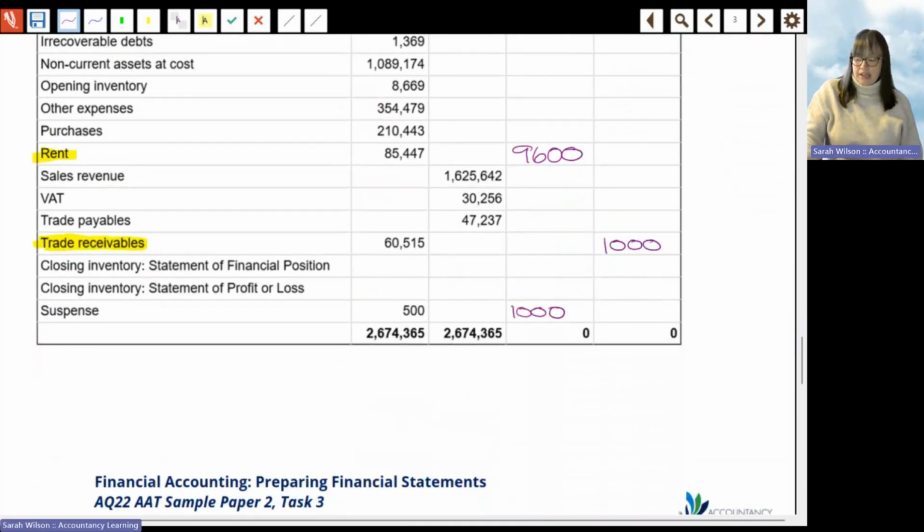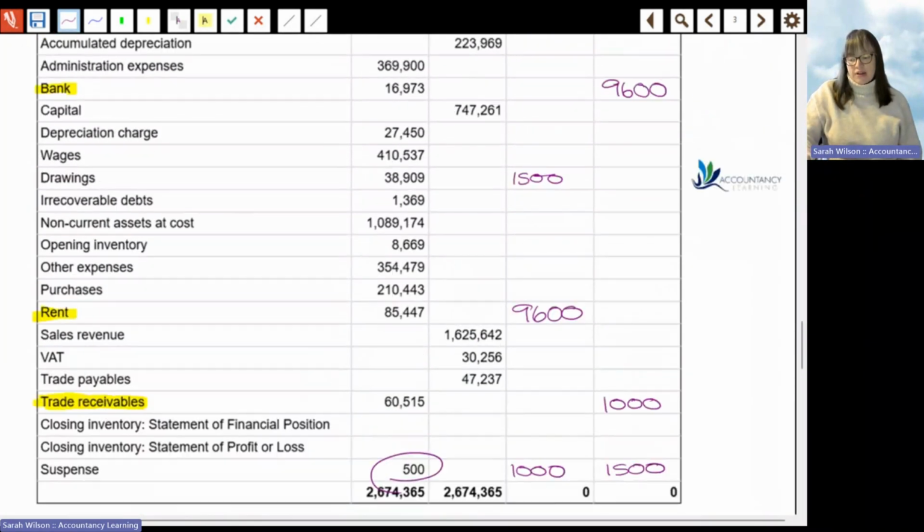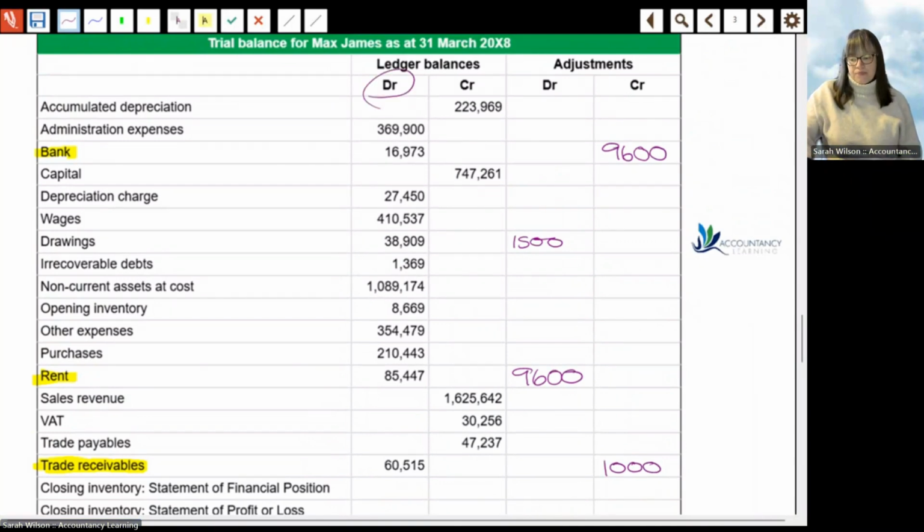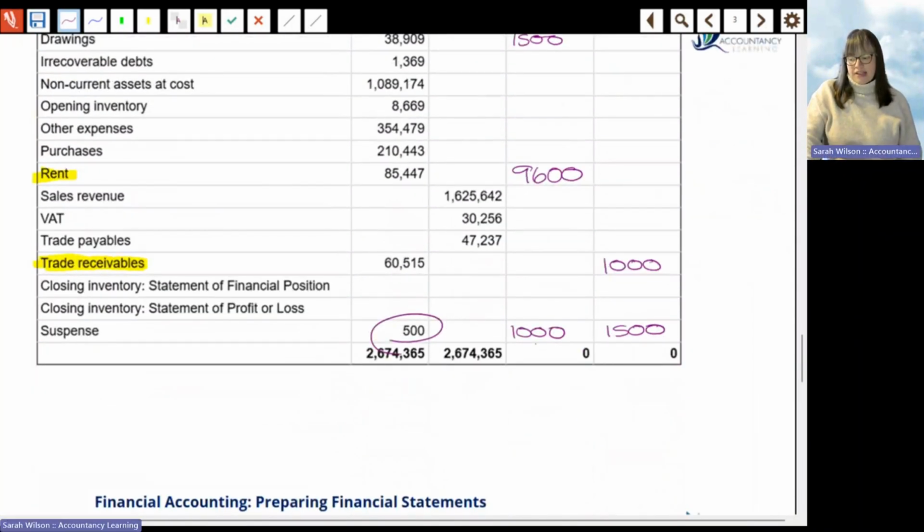And our opposite side to that needs to go into the suspense account because it's a one-sided entry. Now we can already see, if we look, we've got a 500 balance there on the debit side. And that's now being offset and cleared completely by these two entries here.